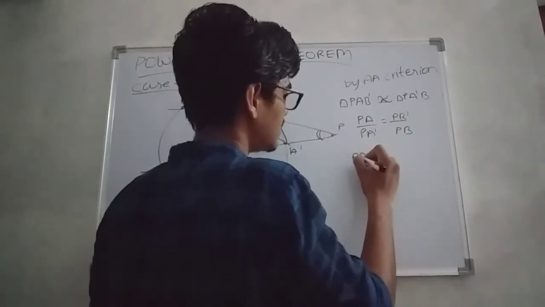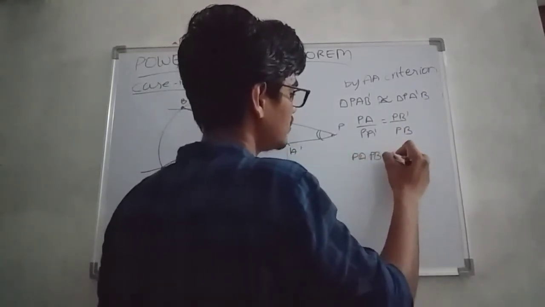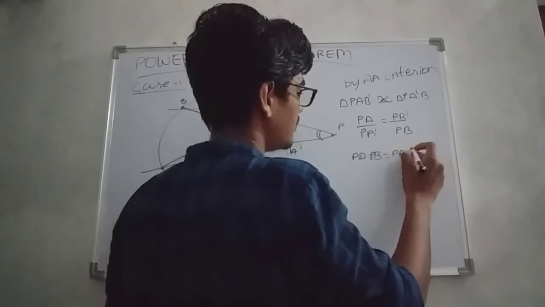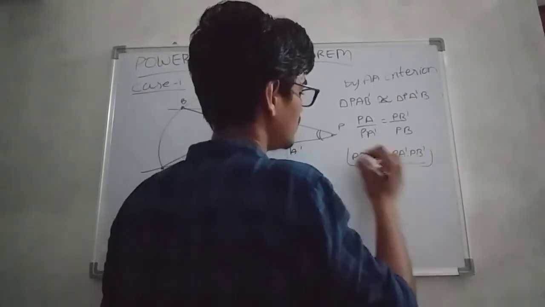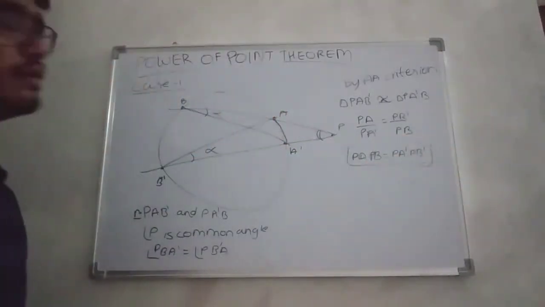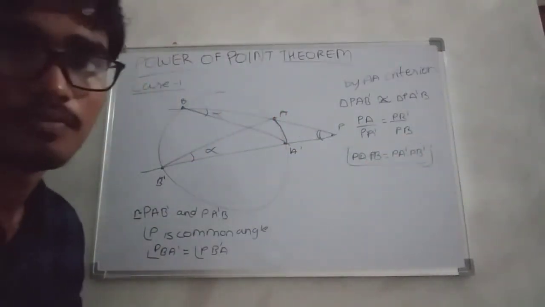Therefore, PA into PB equals PA dash into PB dash. This is what we get in the power of point theorem.